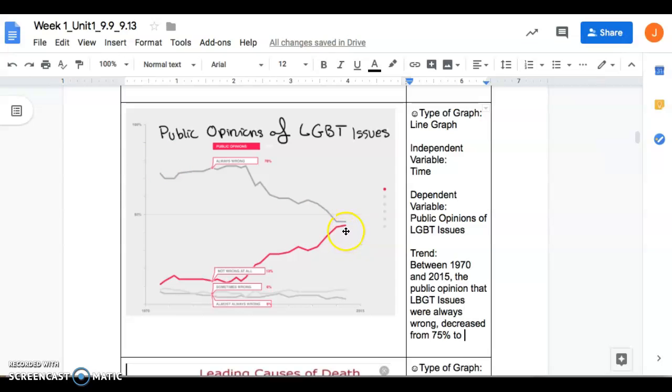So I would say maybe this is like 45%. That seems like a lot. It means public opinions of LGBT issues are changing.